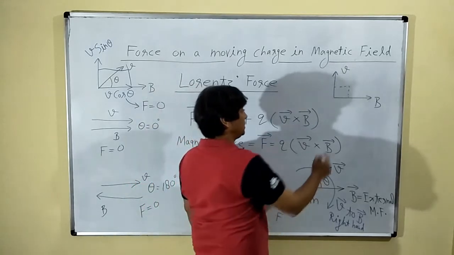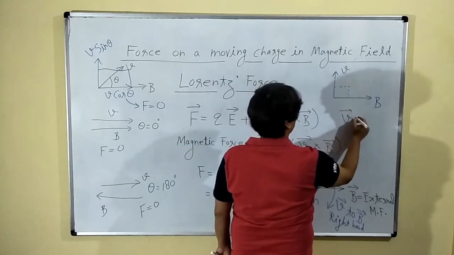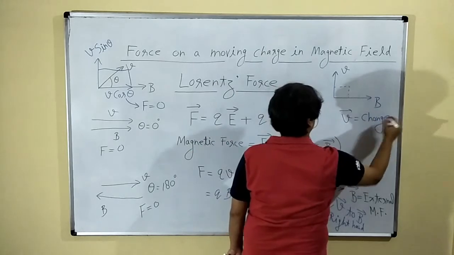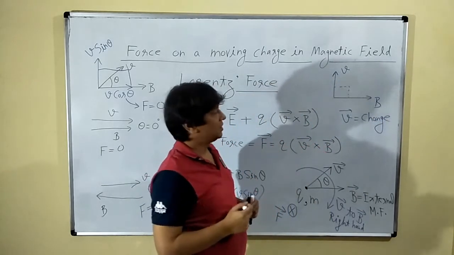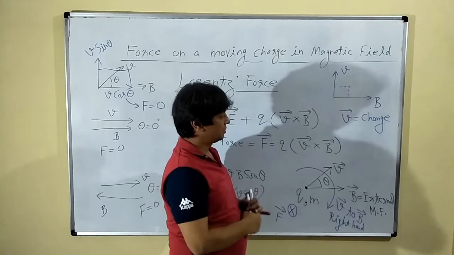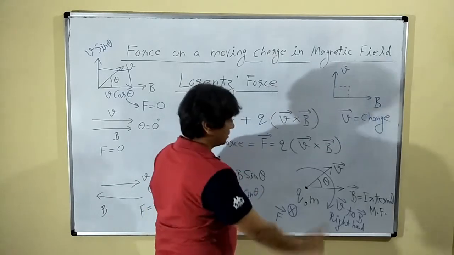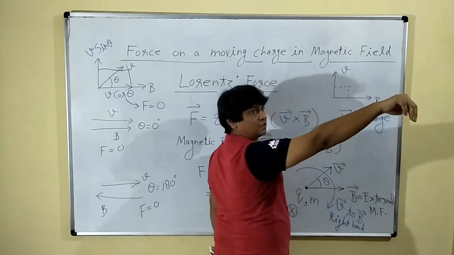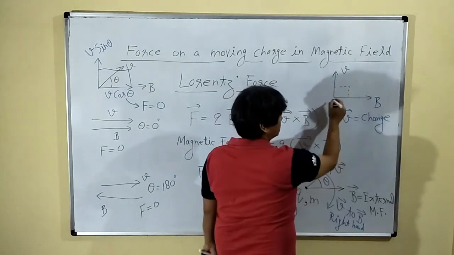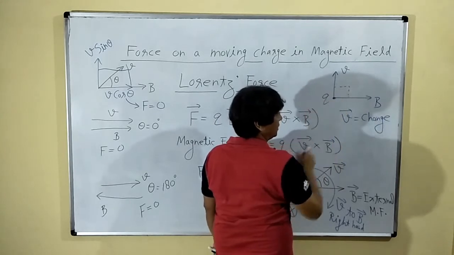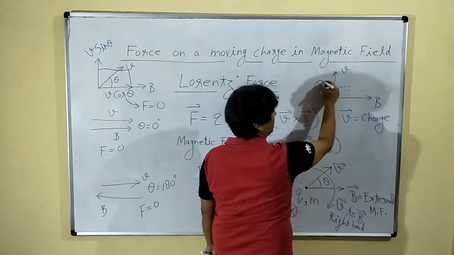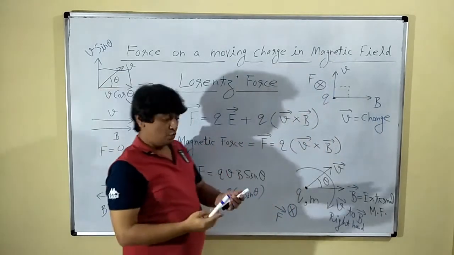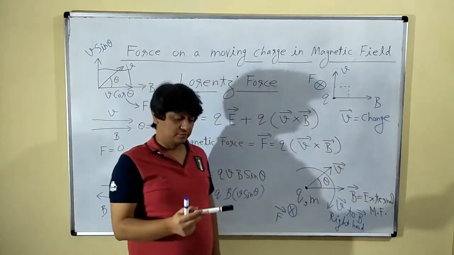That means V is going to change. And why V changes in this situation? First of all, let's see the direction. कहां से कहां कर लिंक? V to B. कहां से कहां कर लिंक? V to B. Thumb is pointing in. इसका मतलब ये जो हमारा चार्ज Q था, इस पर अंदर की तरफ फोर्स लगा है. तो हुआ क्या था? हुआ ये था.